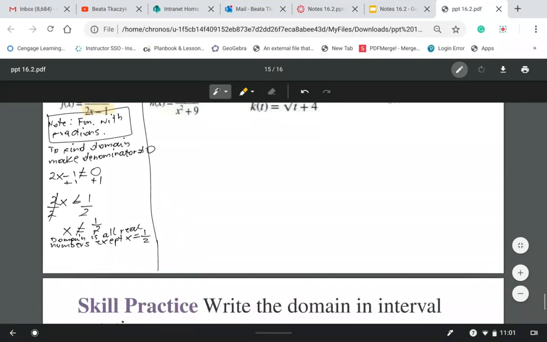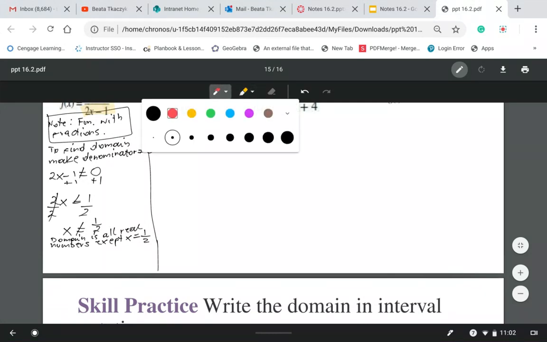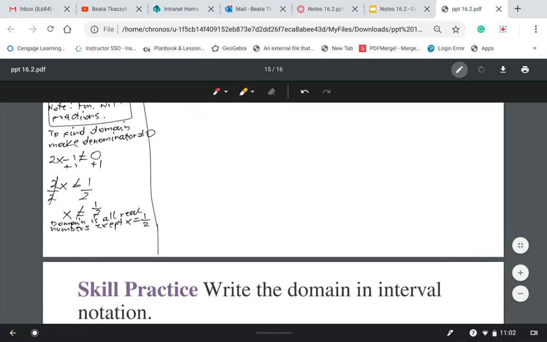Writing the answer in interval notation: all real numbers except 1/2 is the set from negative infinity to 1/2, union 1/2 to positive infinity.